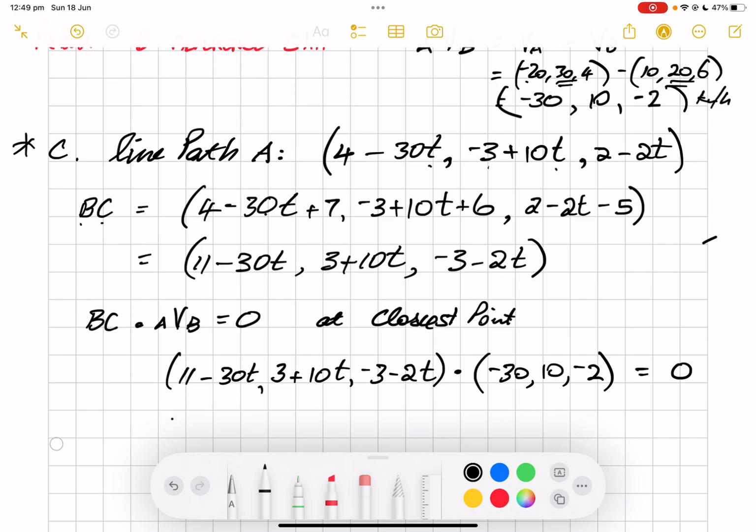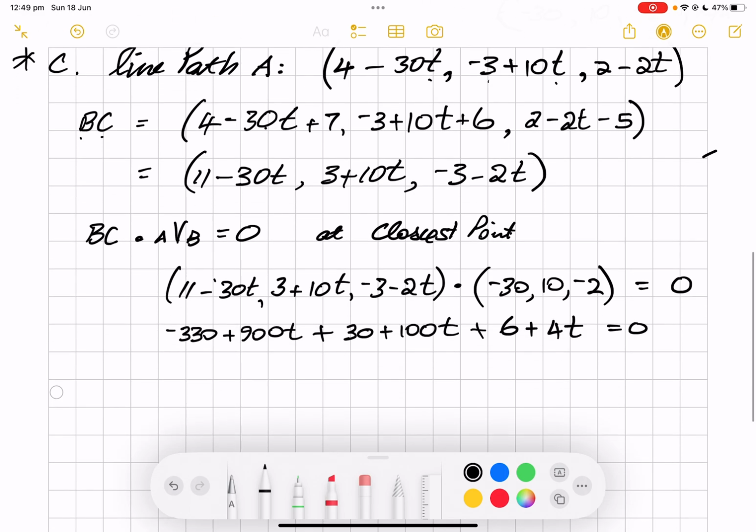So we got negative 330 plus 900t. That's that plus, we're dotting the two y's now. The product of 10 times 3 plus 10t, so 30 plus 100t plus, and now we dot the z's. Negative 3 minus 2t times negative 2, so that's positive 6 plus 4t.